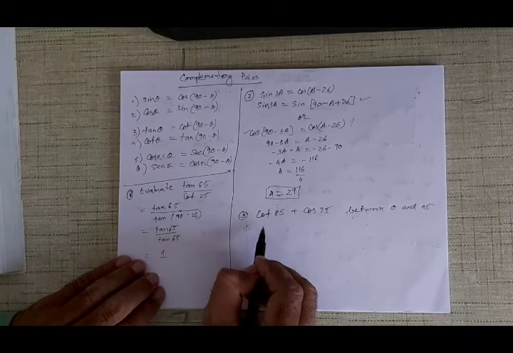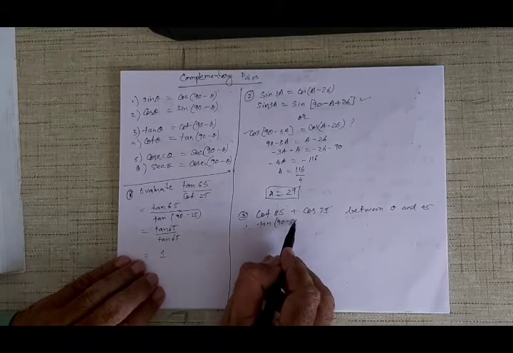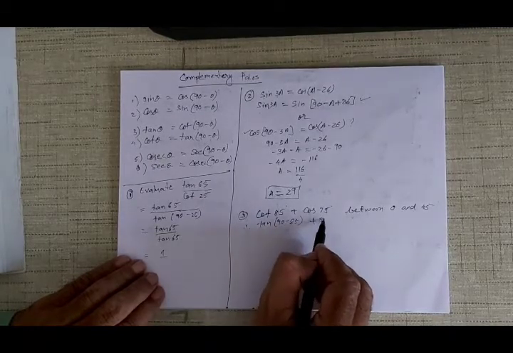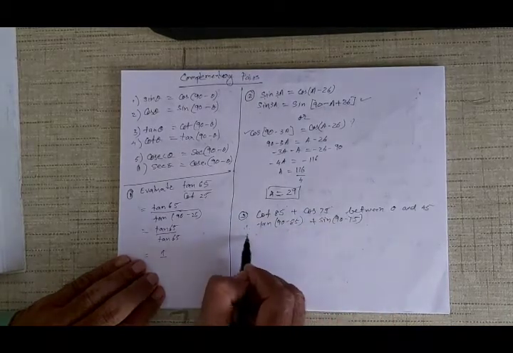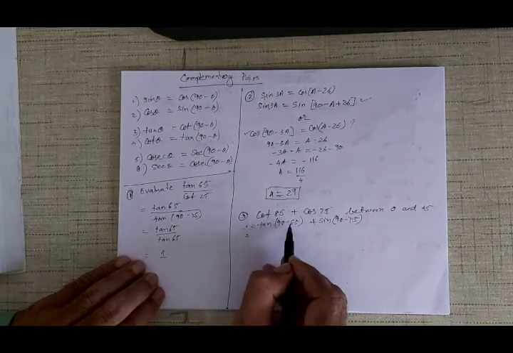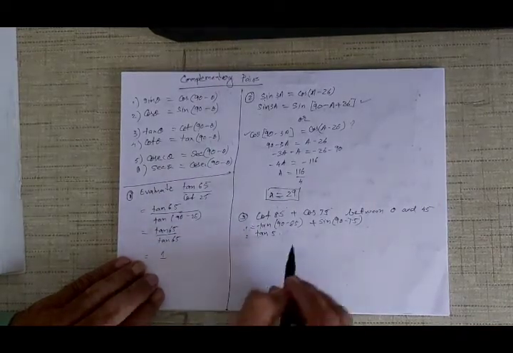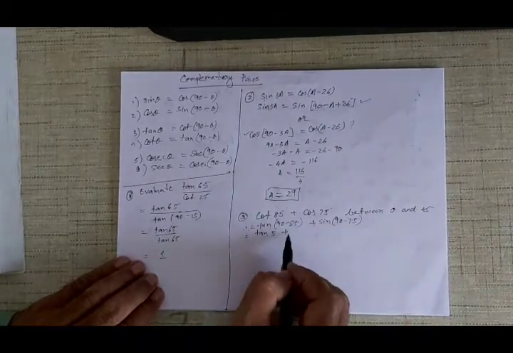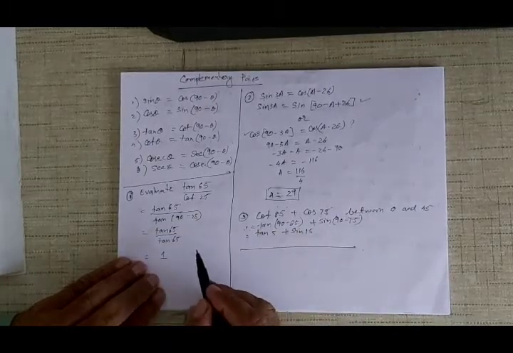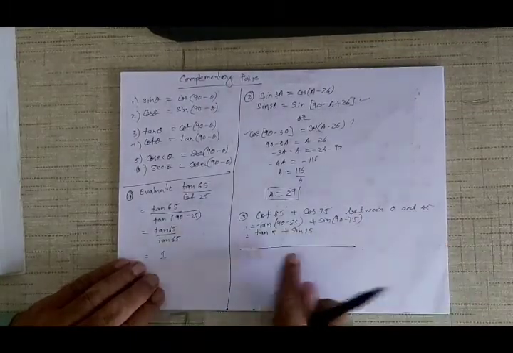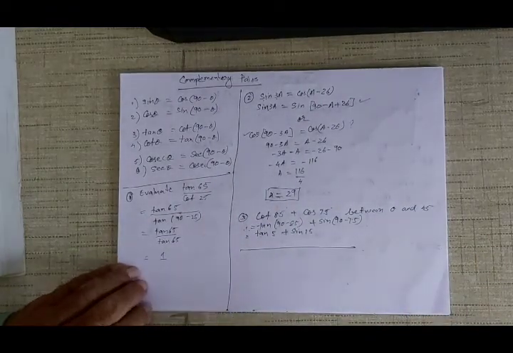So therefore you can see cot 85 can be written as tan(90 minus 85), plus cos 75 can be written as sin(90 minus 75). Tan(90 minus 85) is tan 5, and 90 minus 75 is 15, so sin 15. So you get tan 5 plus sin 15. 5 is between 0 and 45, and 15 is also between 0 and 45. That's all. Very simple problems.